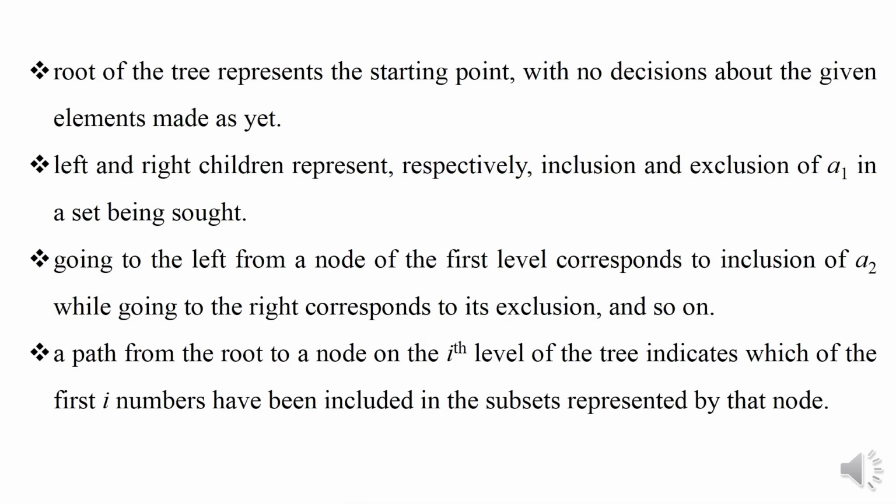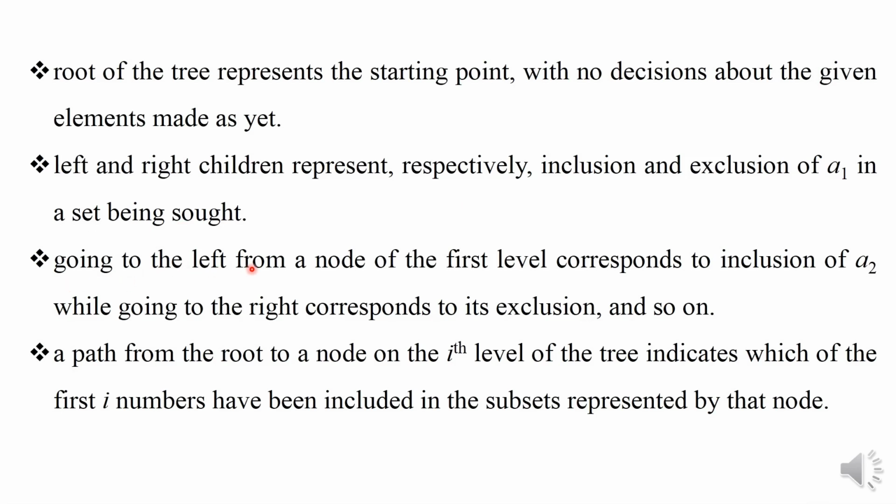In the state space tree, the root of the tree represents the starting point. That is before your solution search has begun. So you have not yet included any elements from the set. You can have left and right children, where the left child represents the inclusion of an item A1 and the right child represents the exclusion of the item A1 in your subset being sought.